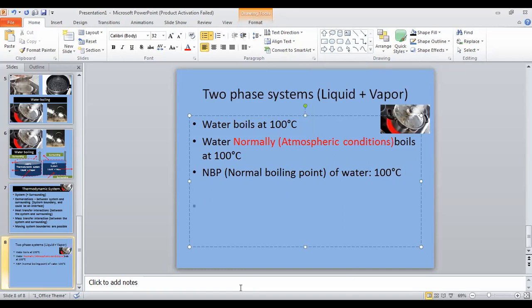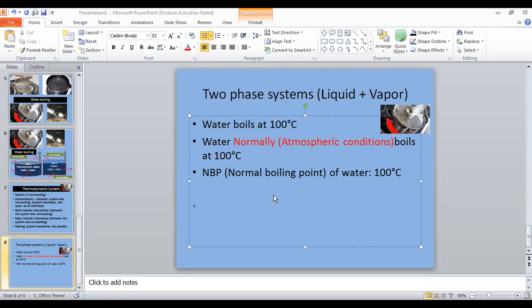So very interesting. Boiling and evaporation are two things.